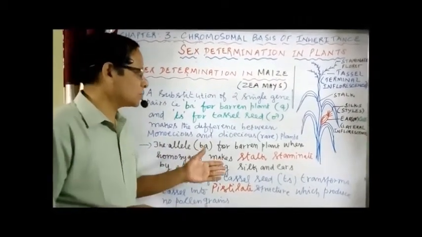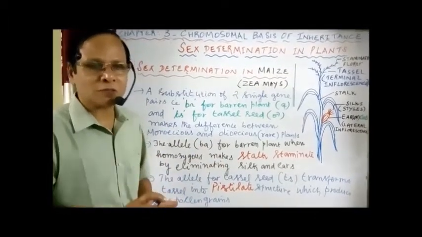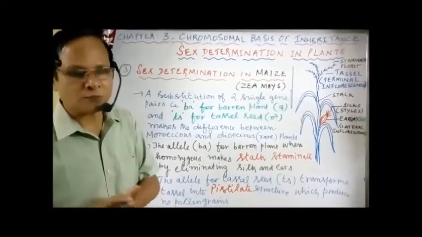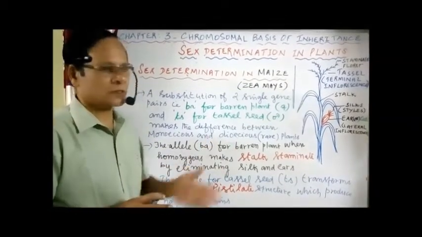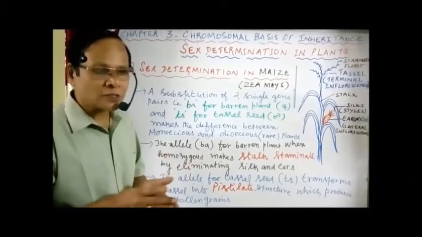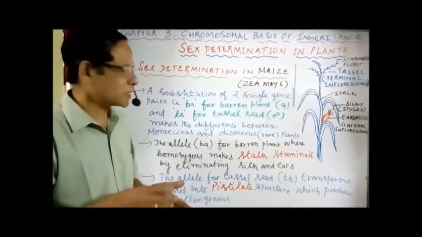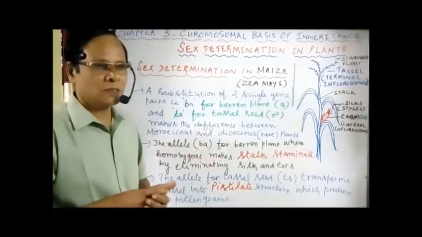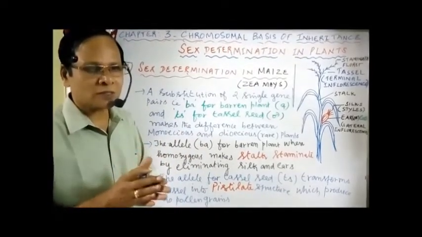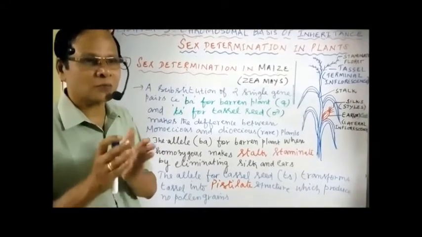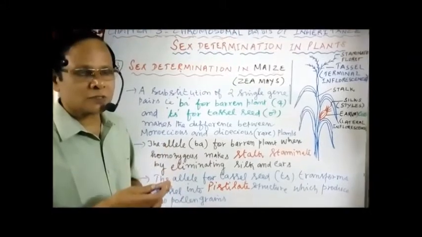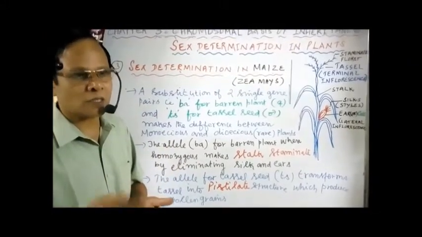The gibberellin hormone is responsible for the suppression of stamen formation, the suppression of stamen growth in the case of ear flowers, meaning the female part. So this is a function of the gibberellin hormone that is expressed by these genes, and these suppress not only the staminate formation or staminate growth in the case of ear flowers. So the genes are expressing either the gibberellin hormone or not.